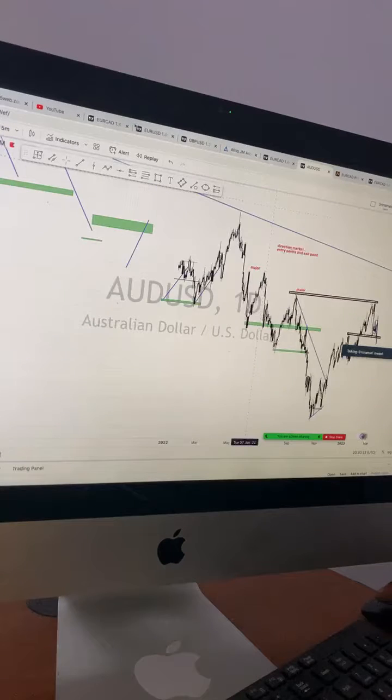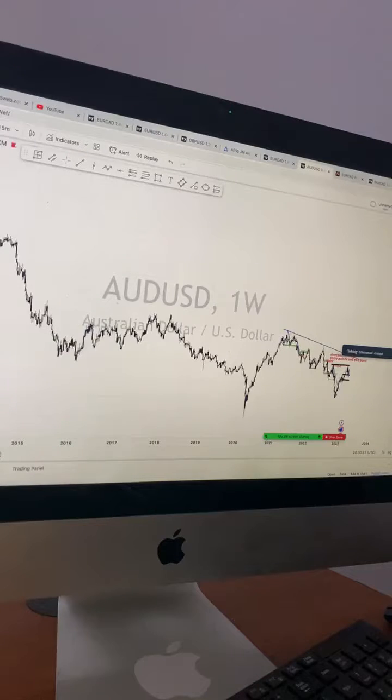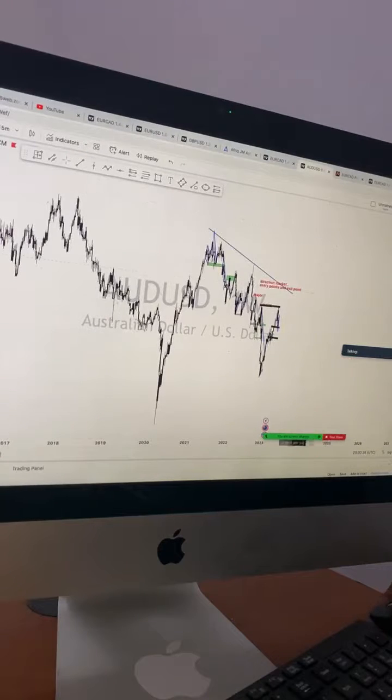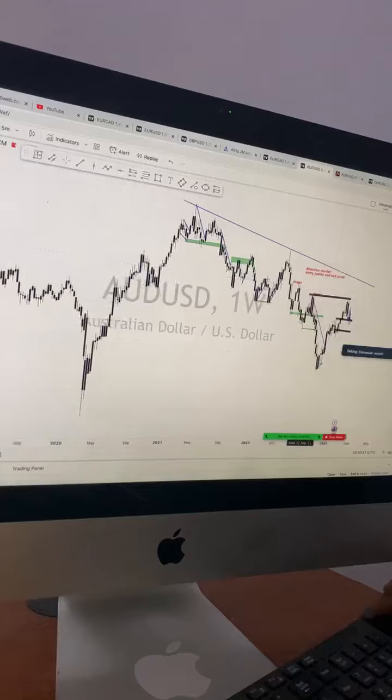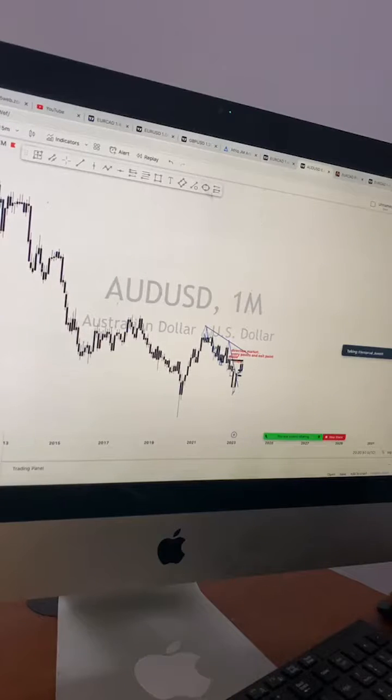What's the first thing? Let's come to the weekly time frame. Let's go to the monthly first, so we can mark our various levels.